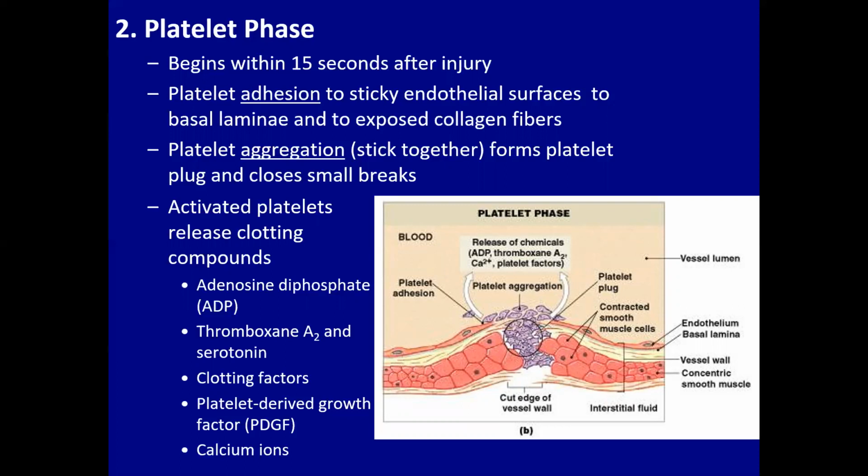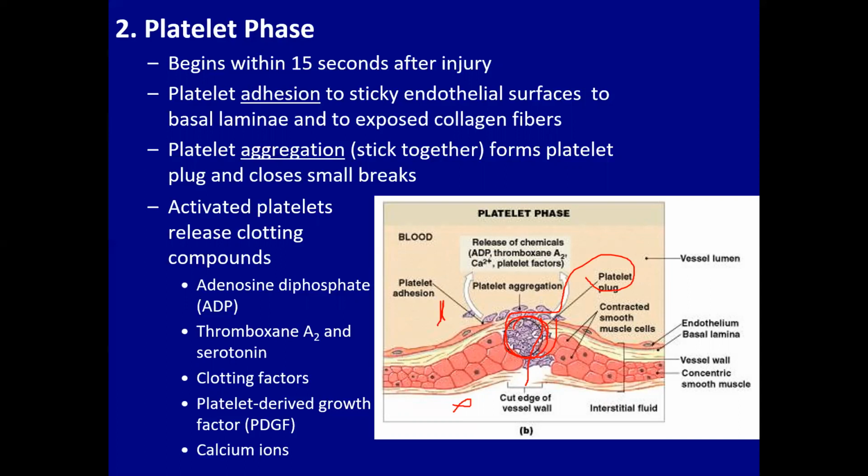So that is platelet aggregation, and a platelet plug is formed. And you can see in this image, here is the platelet plug. So this is the cut edge of the vessel wall, right? And this platelet plug has formed to try to seal it off. So this is inside the vessel here, outside the vessel here.